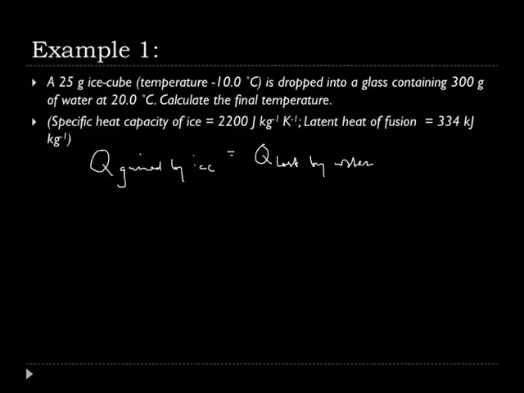However, because in this case the ice cube is going to melt, we need to take into account the latent heat of the ice as well. And then, since the ice is going to reach some final temperature, it's going to have to increase as water as well for a little bit.